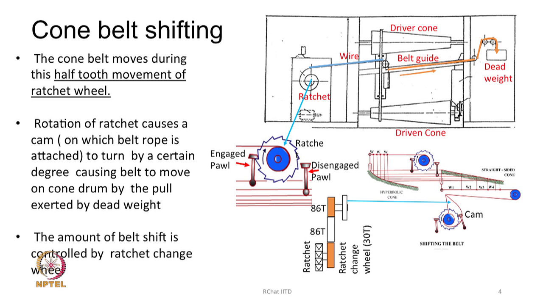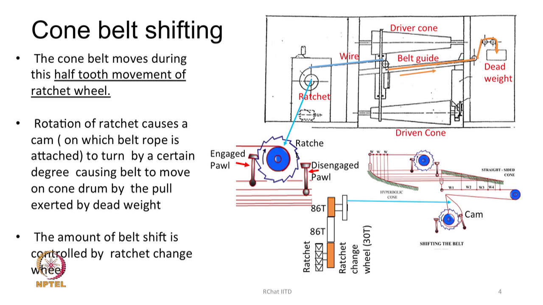The ratchet change wheel, which is shown here as 30 teeth, can be 29, 28, 31, 32, depending upon the number of teeth, the rotation of the cam can be changed, and that way the belt will be shifted on the cone drum.